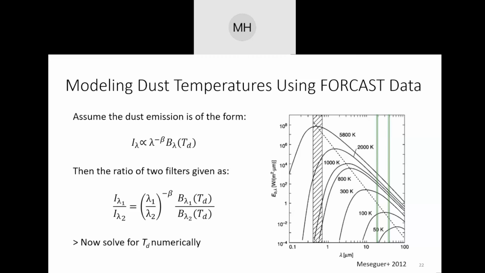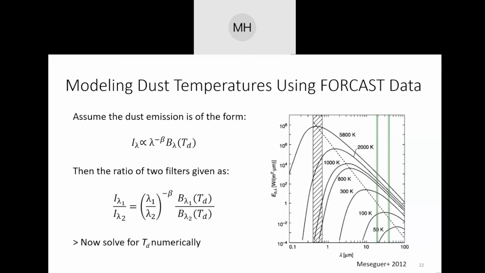And what you would do to create something like this is essentially assume that the dust emission is some sort of a gray body, that essentially it's a black body times some sort of a frequency dependent beta, or some sort of a power law dependence.